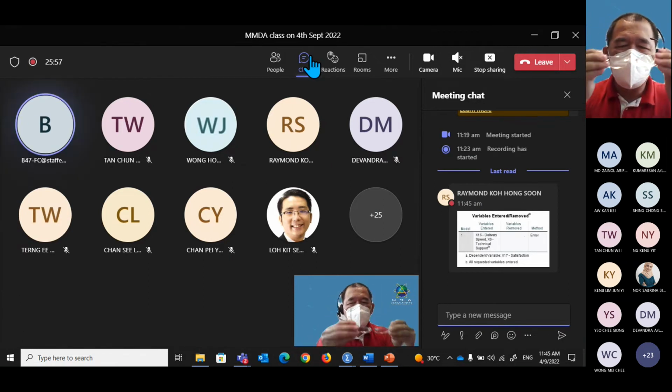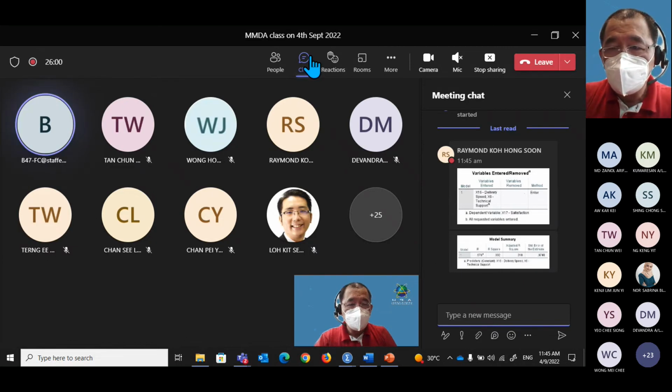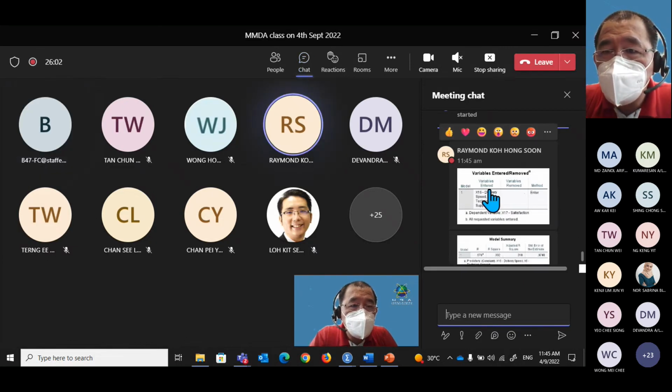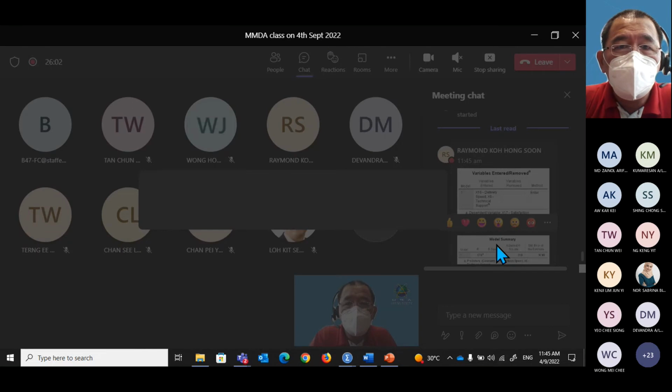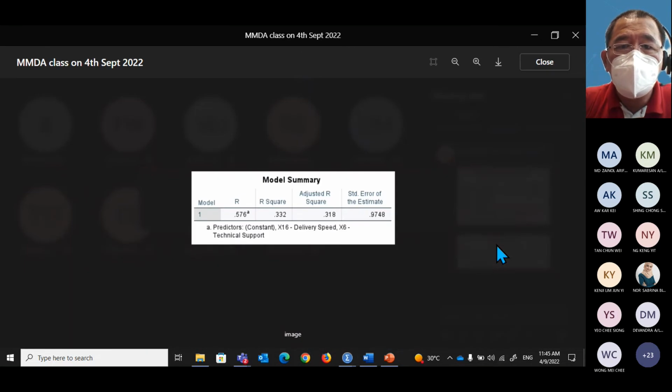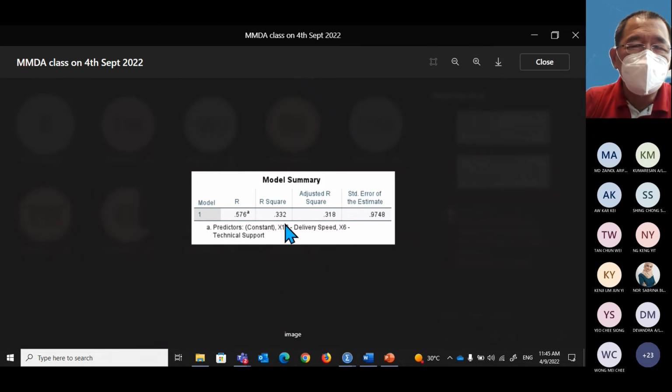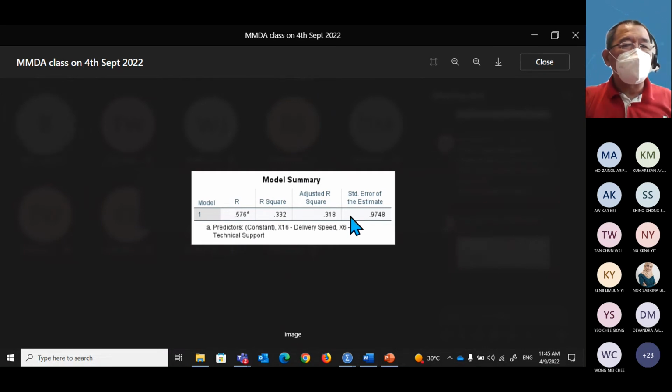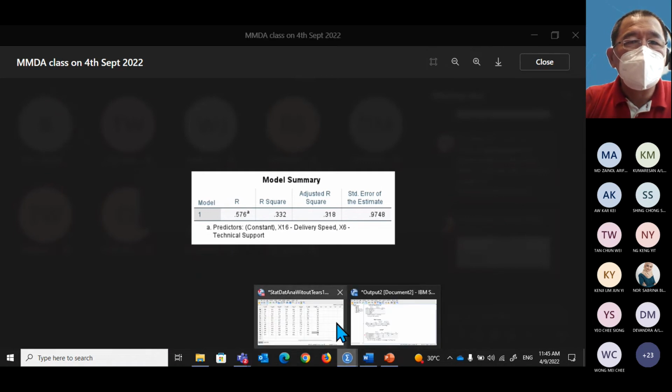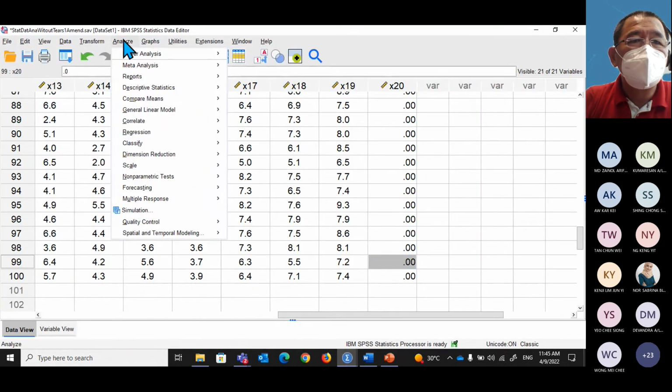Not this one, this one is not too important. The coefficient, right. How come your output is the same as this now? Did you include the dummy in the testing? Yes, I include it.